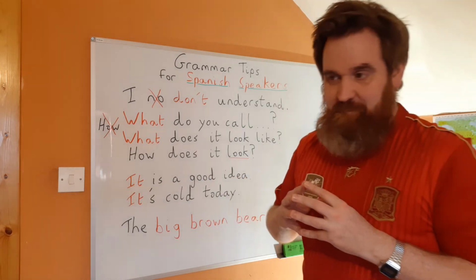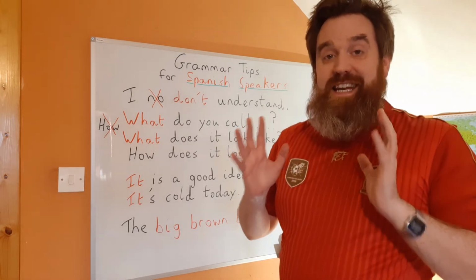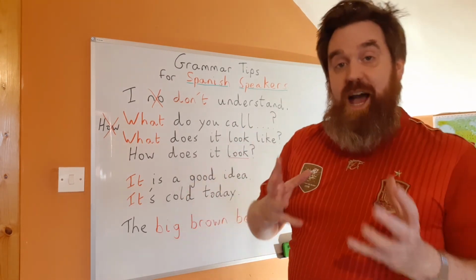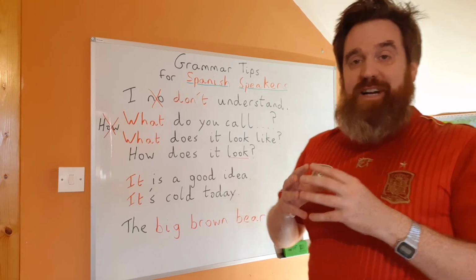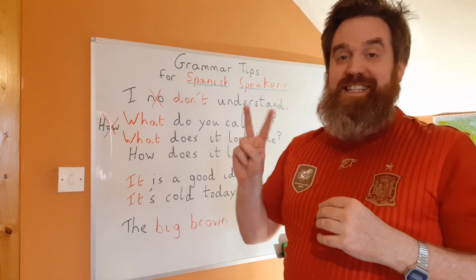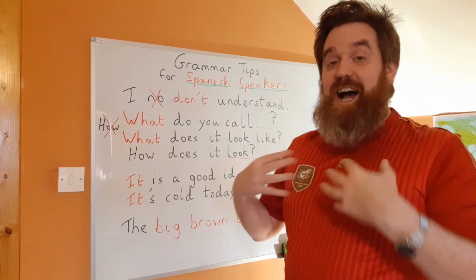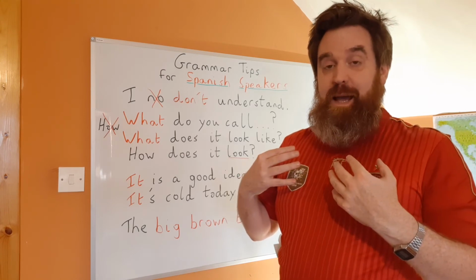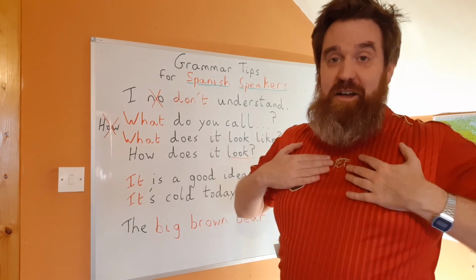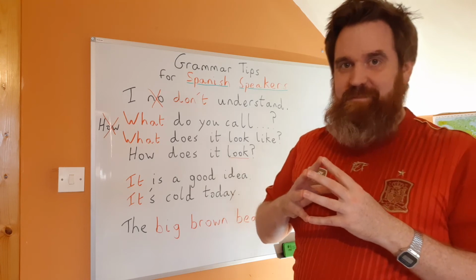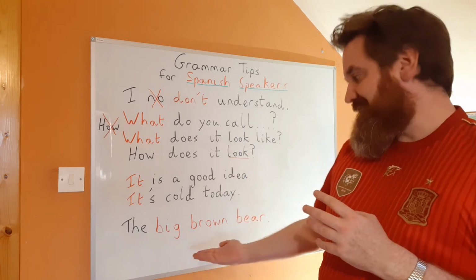The next one is you need the adjective before the noun. So for example, there were 2 Phils in my school and I was called Big Phil. Big is the adjective, Phil is the noun. Let's take a look at my example here.